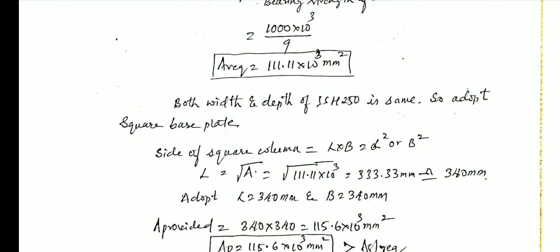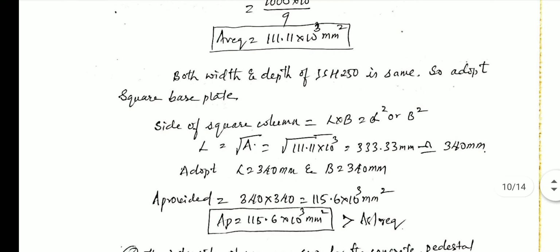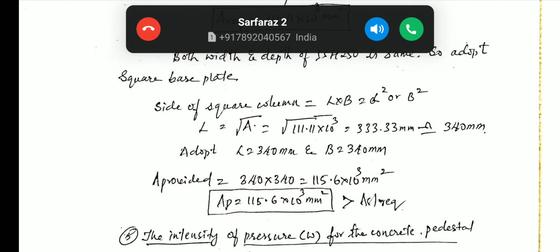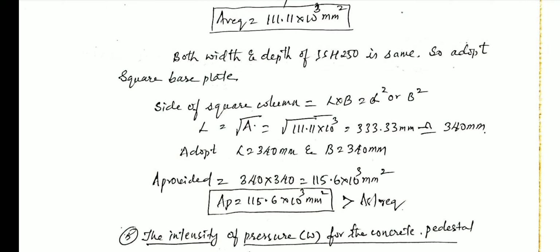So L or B is equal to the square root of area. When you take the square root of the area, you get 333. So I will directly assume 340 mm. I directly assume a round figure, from 333 to 340. Don't round off to the lowest value, always round off to the highest value. So I got 340 mm, the highest value.